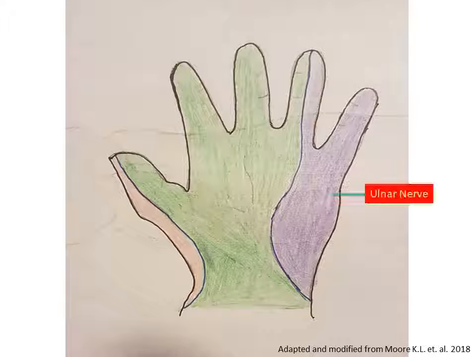As mentioned earlier, the ulnar nerve gave a palmar cutaneous branch and terminated as a superficial sensory branch which supplies the medial side of the palm and 1.5 digits for sensation. The median nerve supplies the rest of the fingers and the palm, while the radial nerve supplies the skin over the thumb.